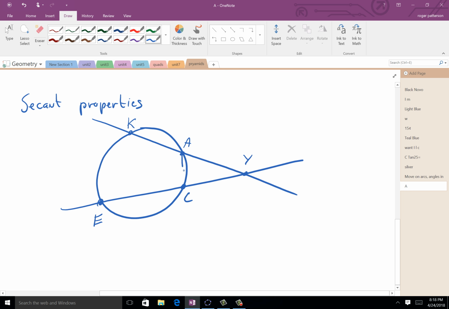So we have a triangle and a triangle. And we thought they looked similar, and they were.